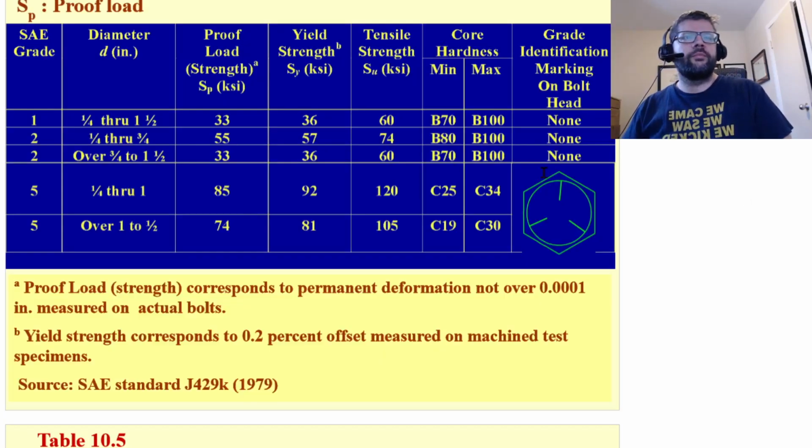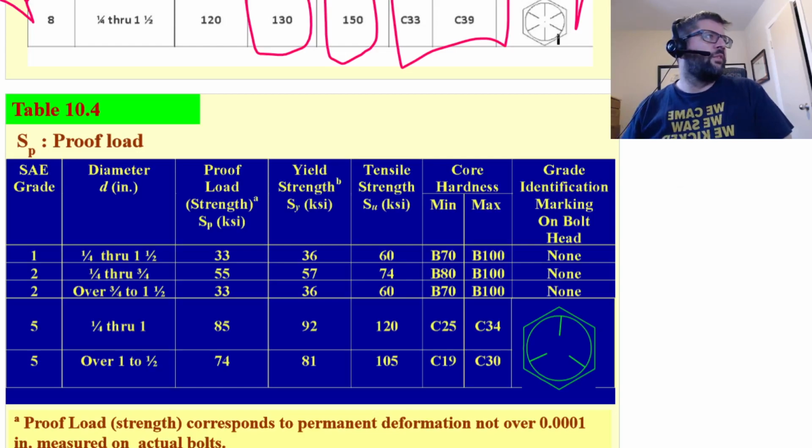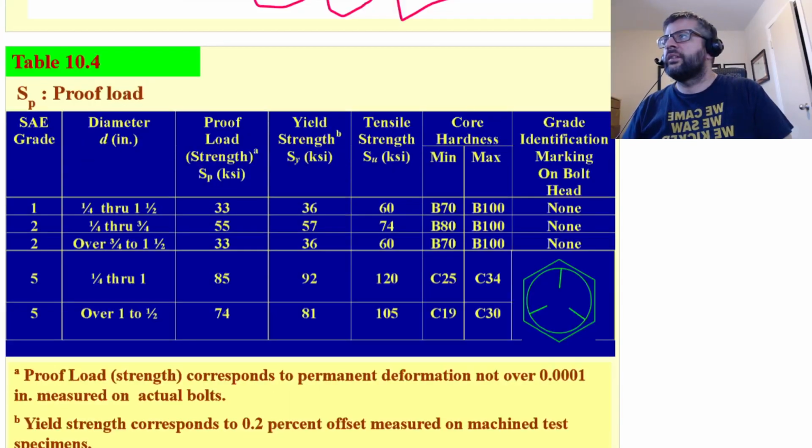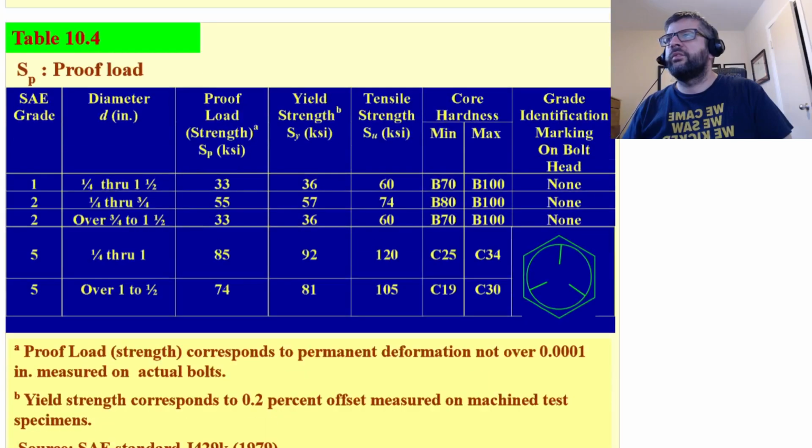So, proof load. Proof load is basically telling us what sort of load we can apply to a bolt before you get permanent deformation of 0.0001 inches.